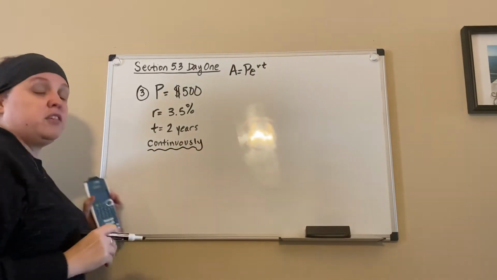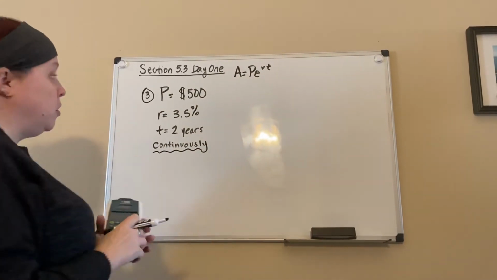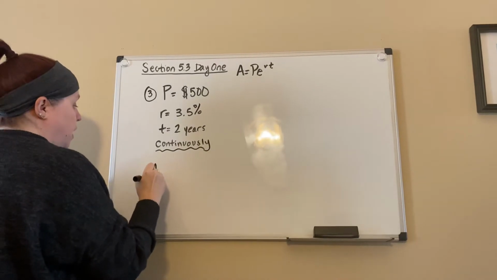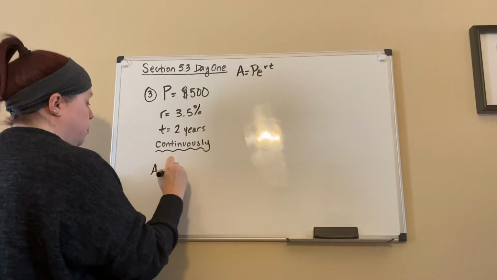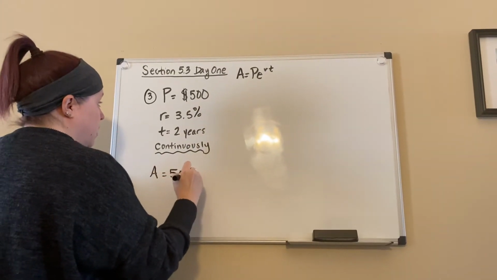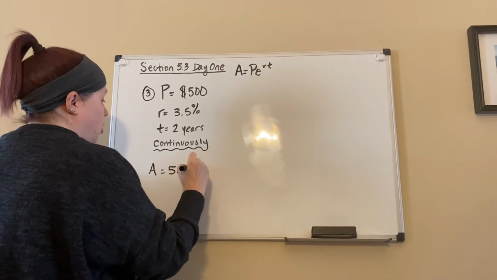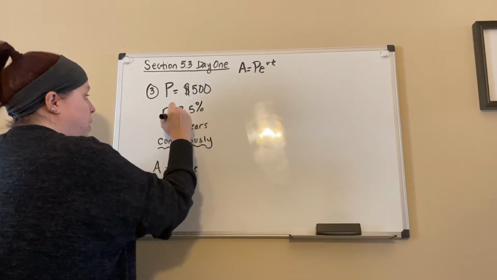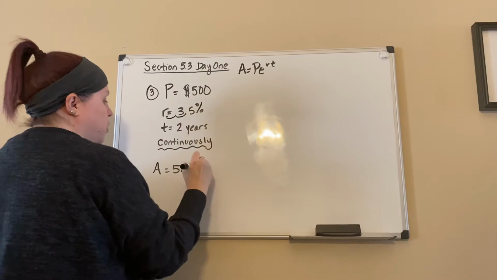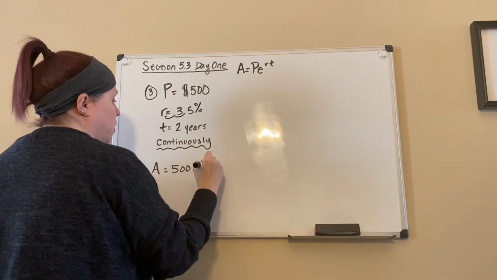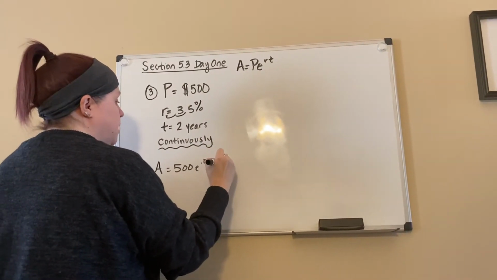That's how you're going to know this is the formula you're going to use. So my A value is going to go A equals, your principal's 500, E to the R is, move it over twice, 0.035 times your time, which is T, so 2.